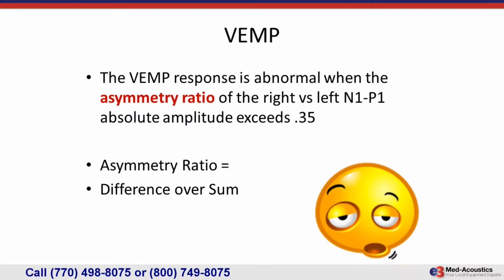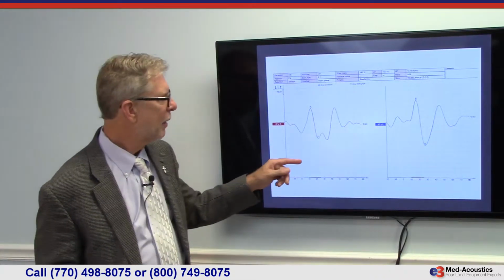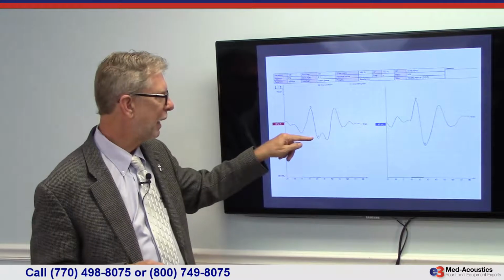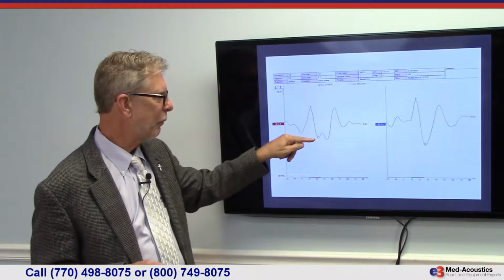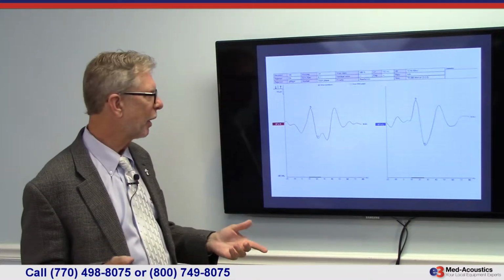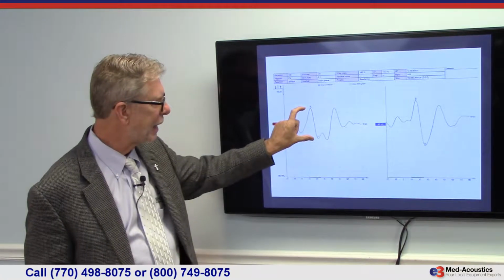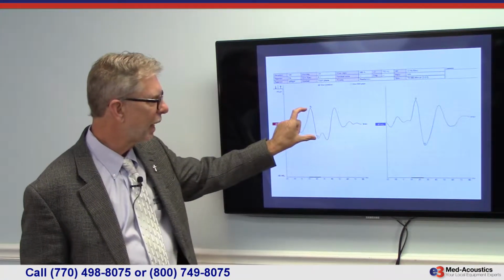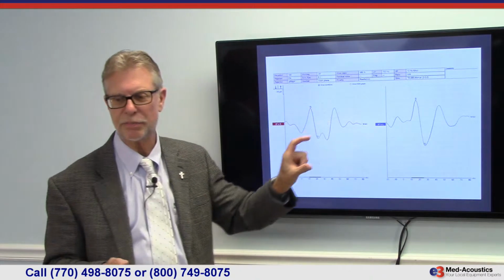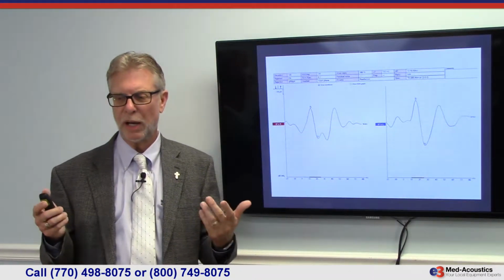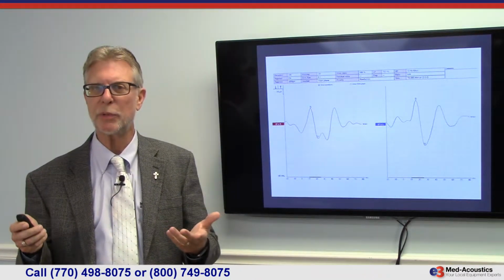So if we go back and look at the response here, we're looking at the amplitude of the response. We have P1 and N1. It's a typical way to mark it. And we're measuring that amplitude, and we're looking at that on the right versus on the left. And then calculating the asymmetry difference.